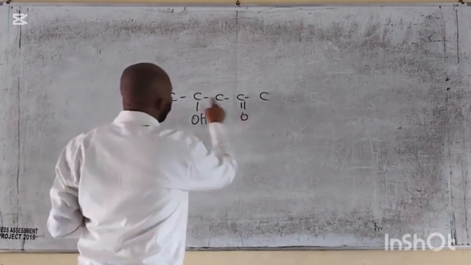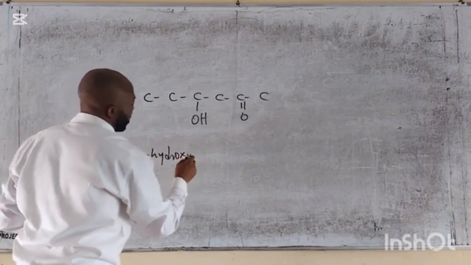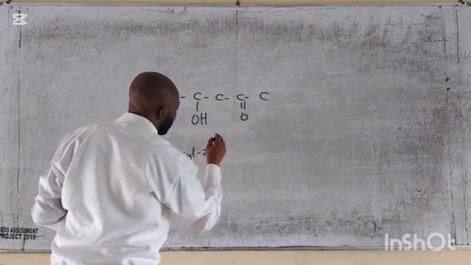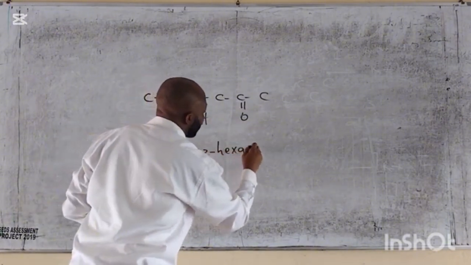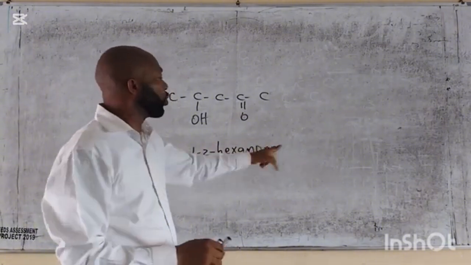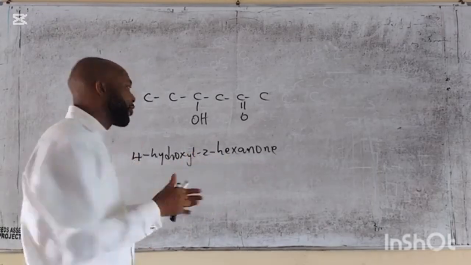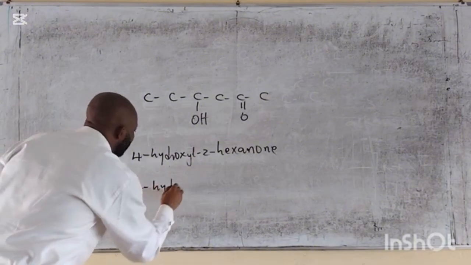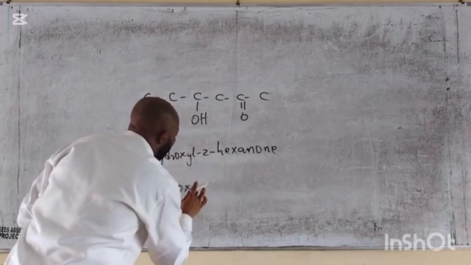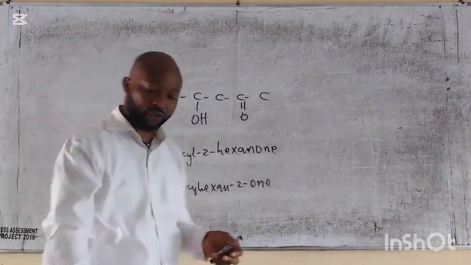So this becomes 4-hydroxy-2-hexanone. Or hexan-2-one, if you want that way. 4-hydroxyhexan-2-one. If you prefer that, you can use that.